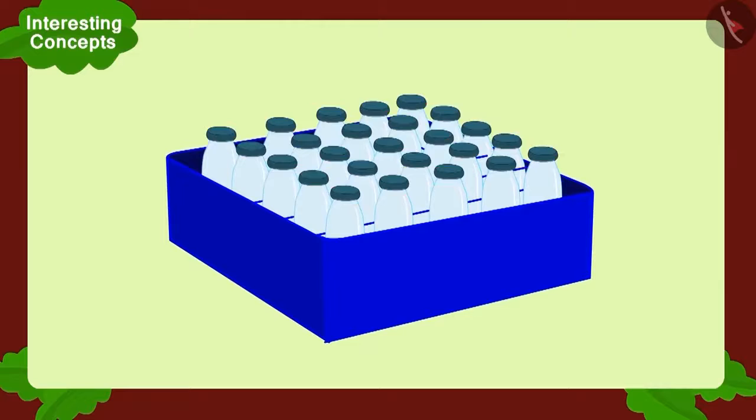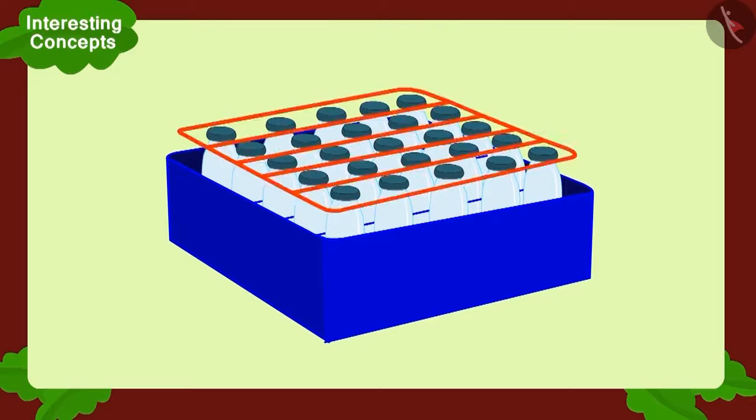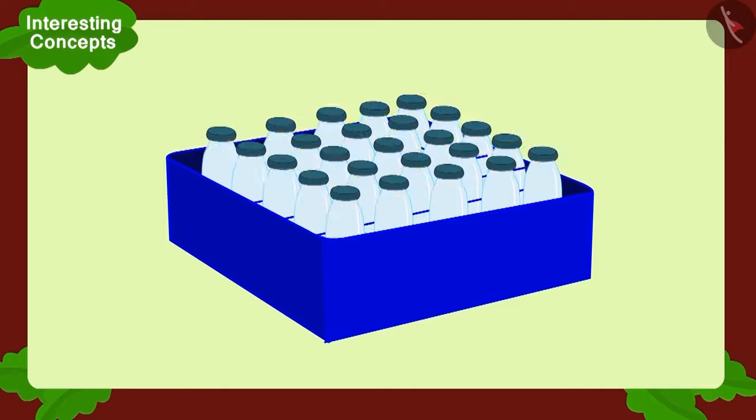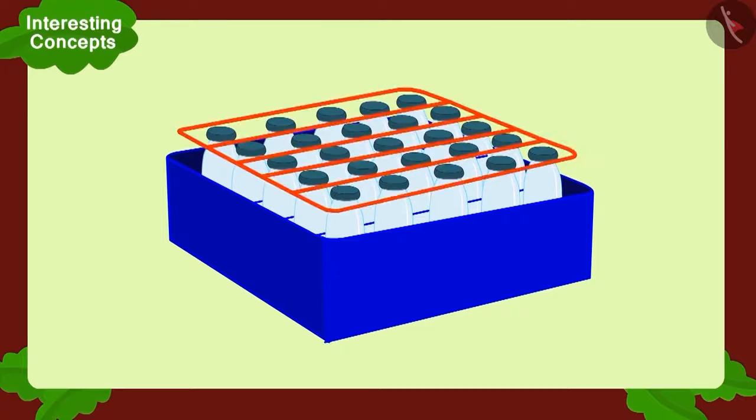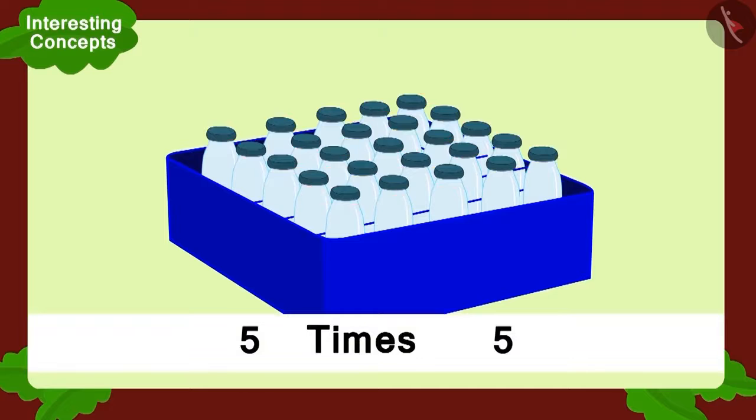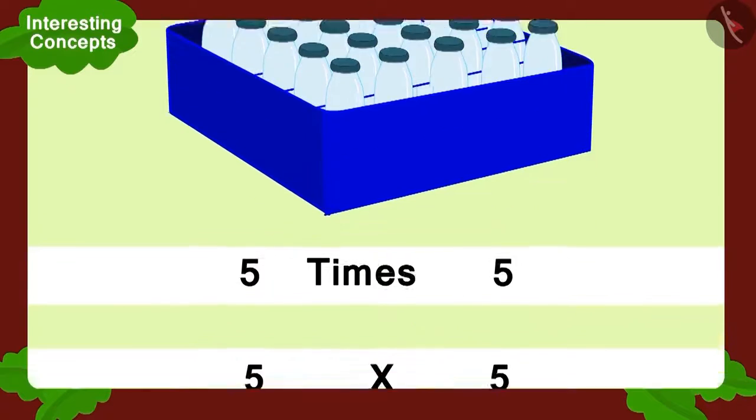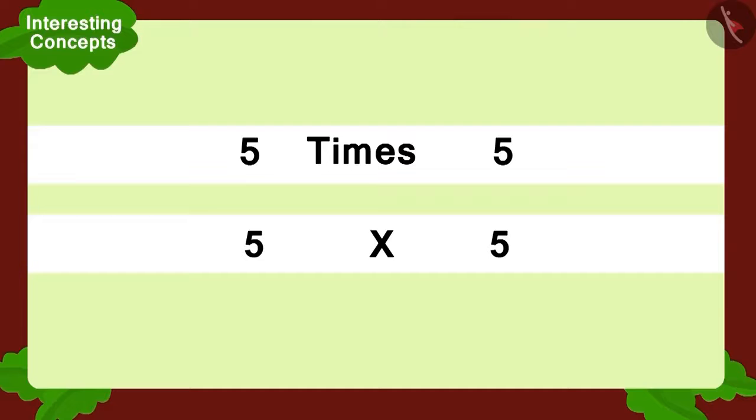And if we write the multiplication of horizontal slots, 5 horizontal slots and 5 bottles in each slot. Once again the same, 5 times 5 or 5 multiplied by 5. Therefore, both Raju and Bablu's glasses are absolutely fine, and the multiplication shown by them were also the same.